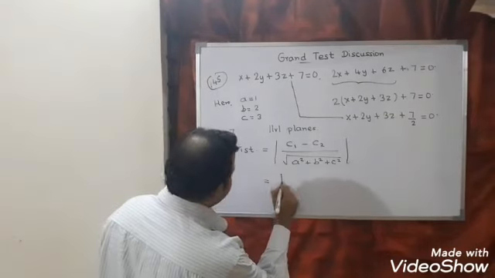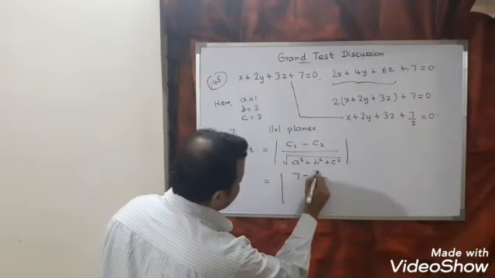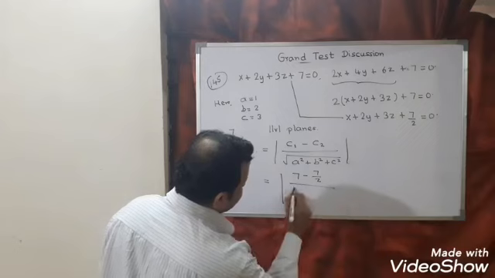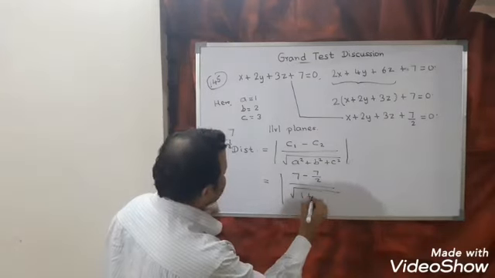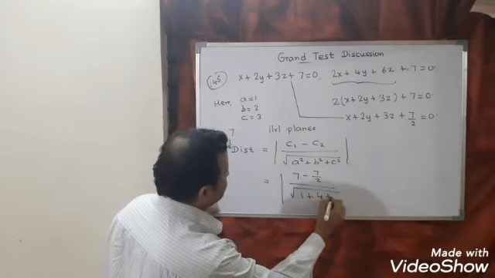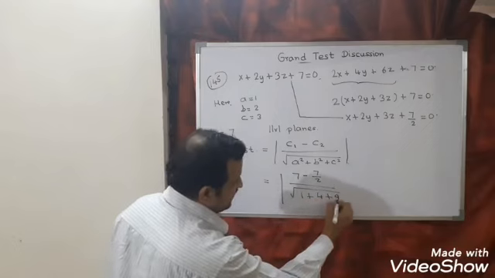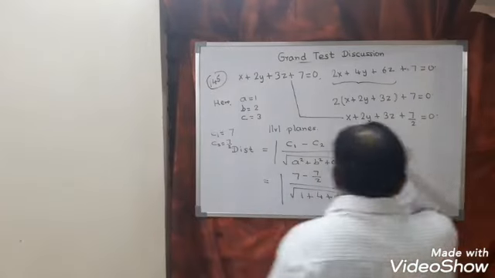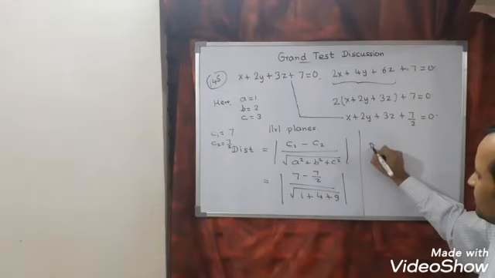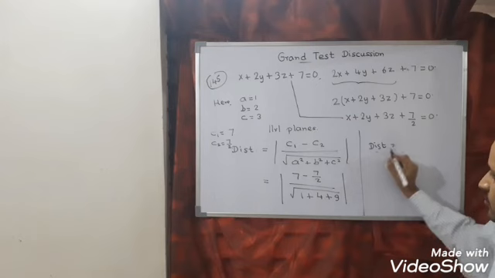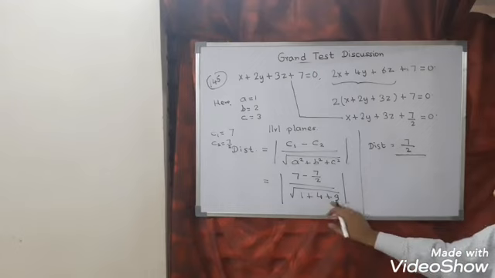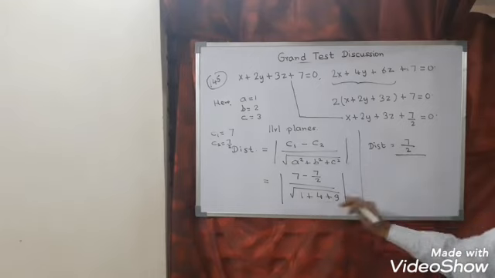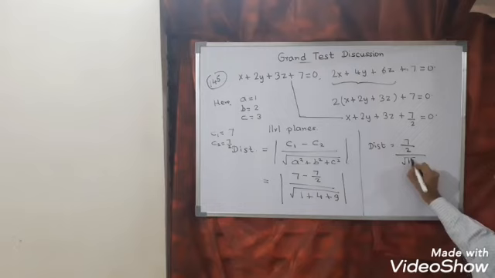So this we can write as 7 minus 7 by 2 divided by square root of, what is a square? 1 plus b square, 4 plus c square, 9. So just expand. Distance is equal to, take the LCM, 14 minus 7, so it is 7 by 2 whole divided by square root of 14.